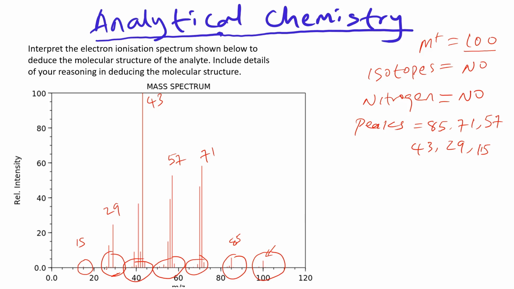So basically, I want you to pay attention to the peaks here. The peak at 15 is the methyl CH3 cation. 29 is the ethyl C2H5 cation. 43 is the propyl C3H7 cation.